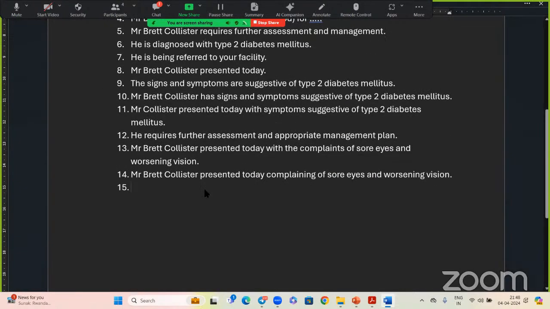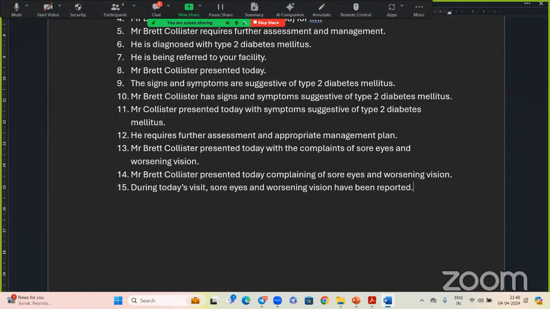So during today's visit, sore eyes and worsening vision have been reported, or notified, or complained.